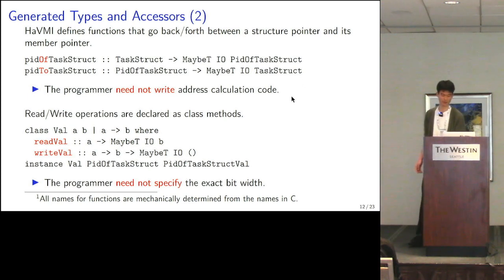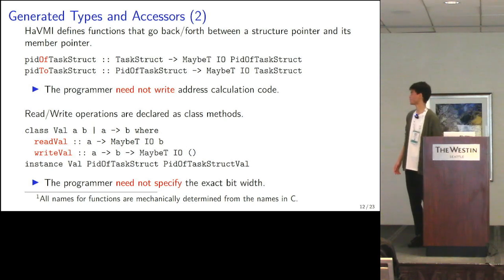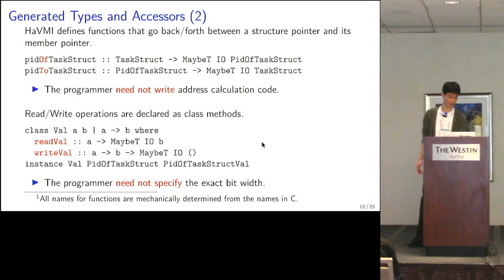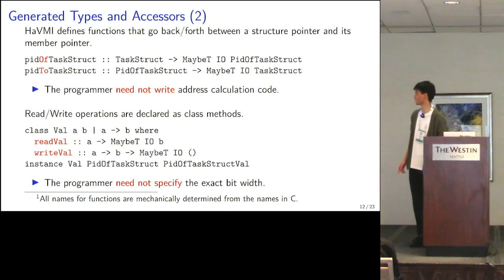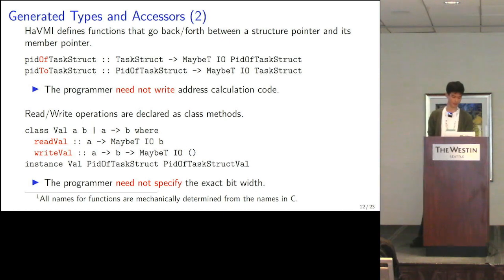Also, read and write operations are declared as class methods. And the programmer also needs to specify the exact bit width, since the bit width is embedded in the instance declarations of those class methods.